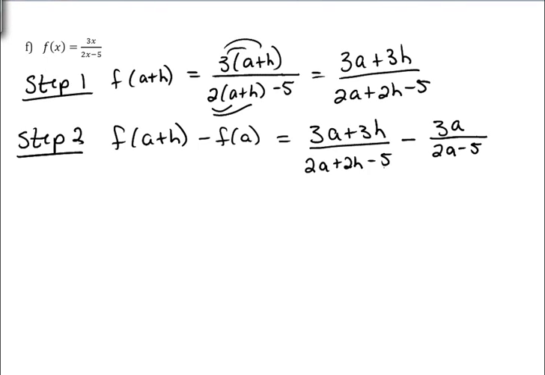Again, in order to do the subtraction, we need to find the common denominator, or you can also just think about cross-multiplying. So you're going to take this numerator and multiply it by this denominator, and this numerator and multiply it by this denominator.